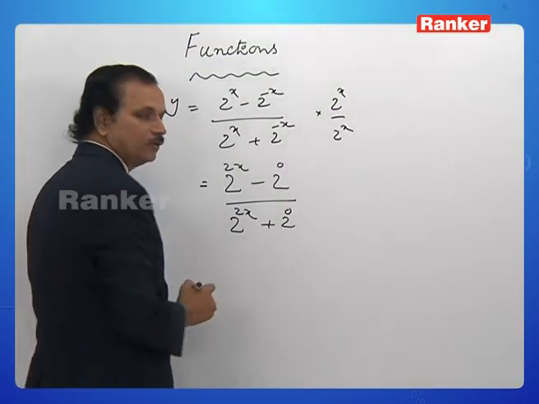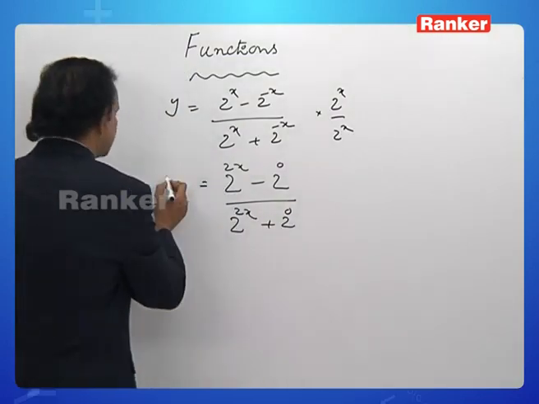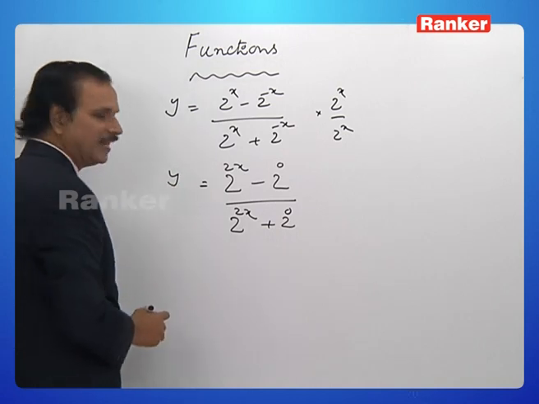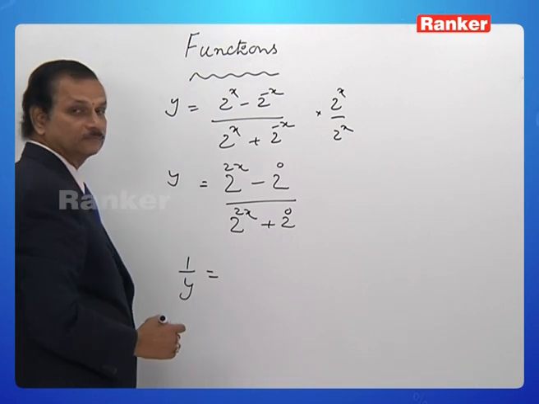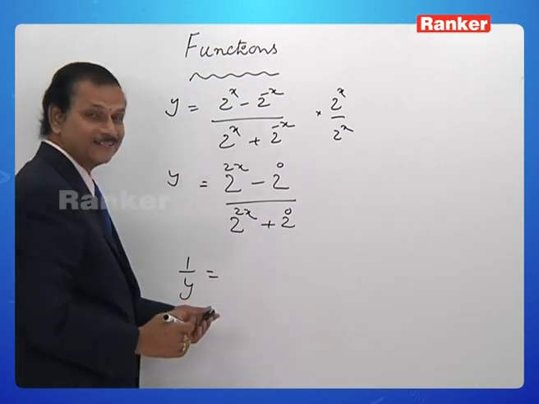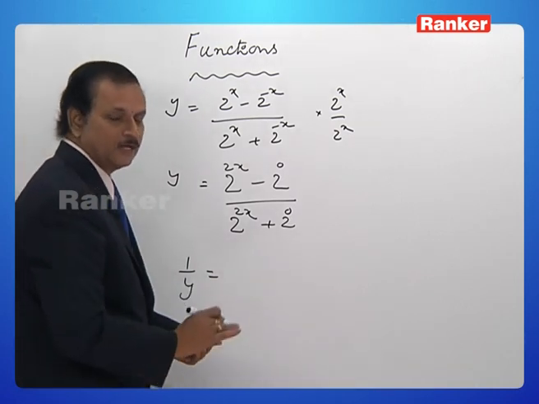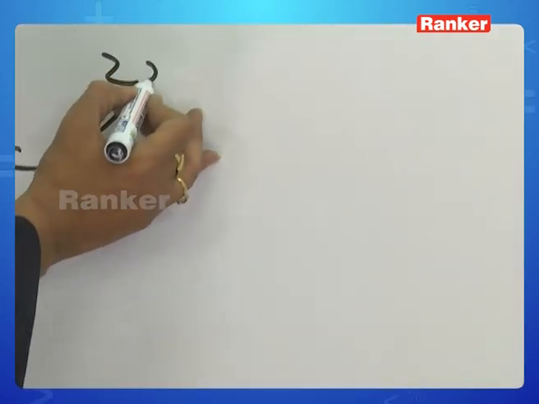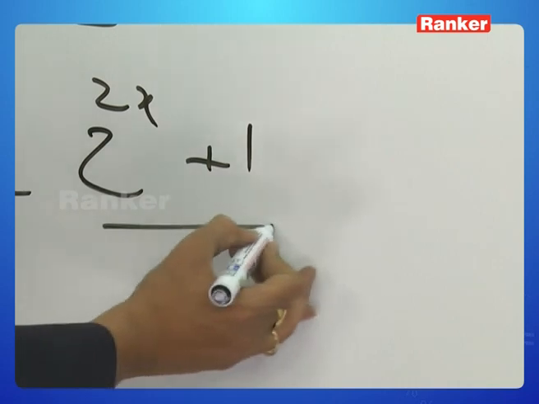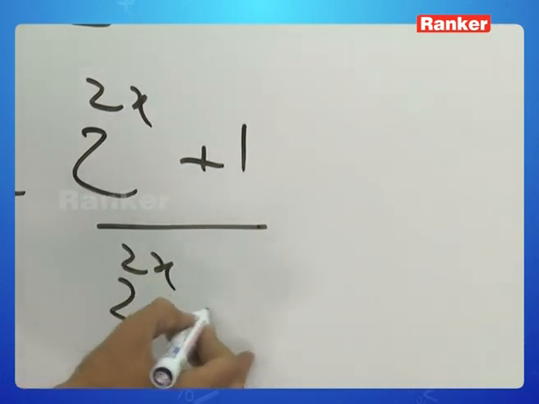What is 2 power 0? 1. So this is y. Let me now take 1 by y. Why should we take it like that? Let us discuss it later. You please consider what is 1 by y. 2 power 2x plus 1 by 2 power 2x minus 1.